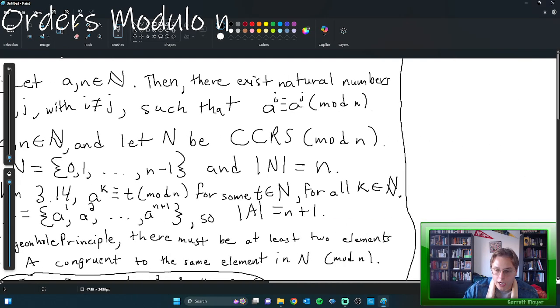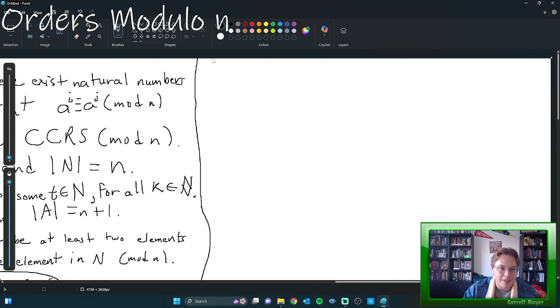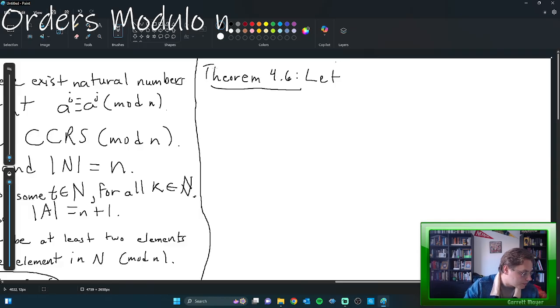So then finally, now that we have all these proofs out of the way, we can finally prove theorem 4.6, which gives us our basis for defining an order. Let a and n be natural numbers with GCD of a and n equal to 1.